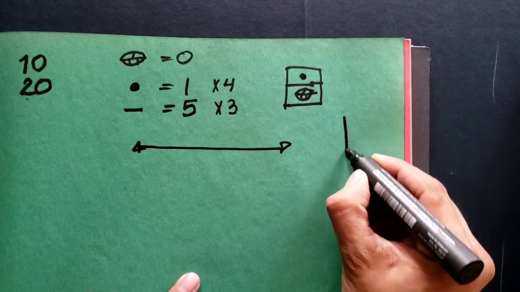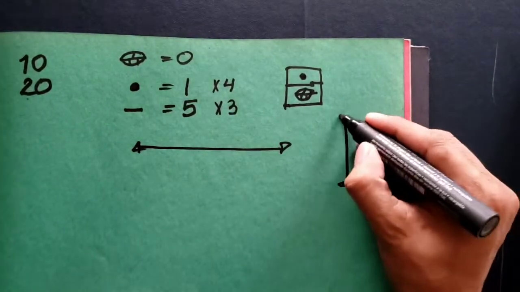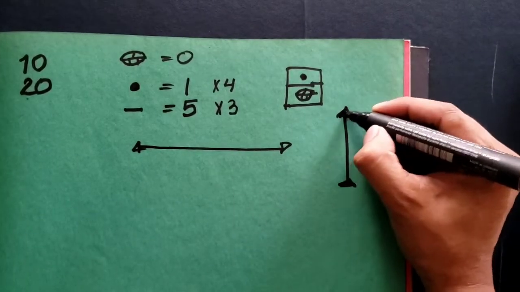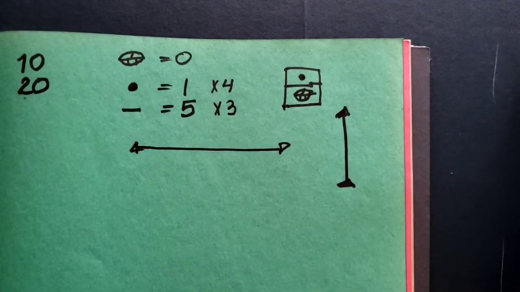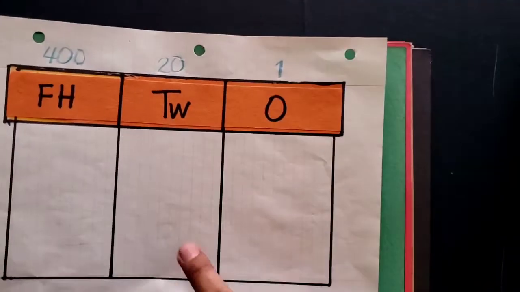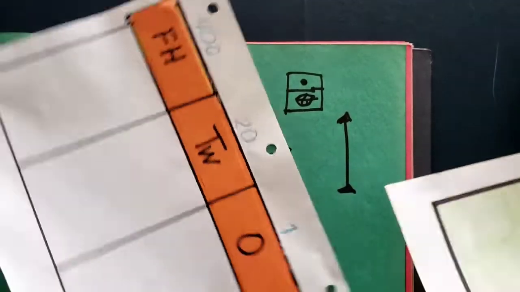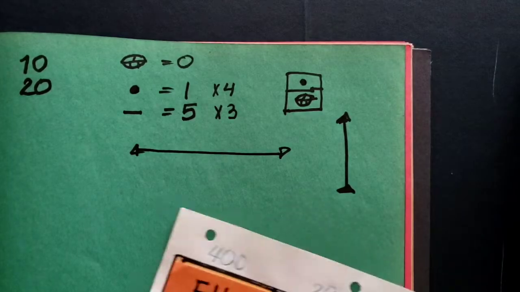They work from bottom to top. Okay, they work from bottom to top, vertically. Our system is horizontal, the Mayan system is vertical, upwards.